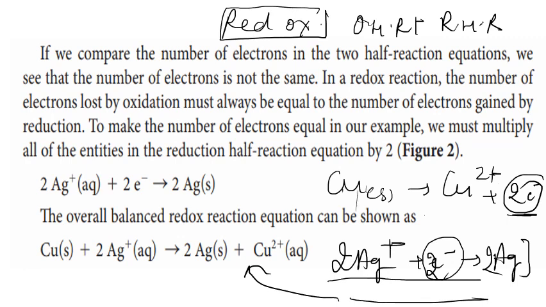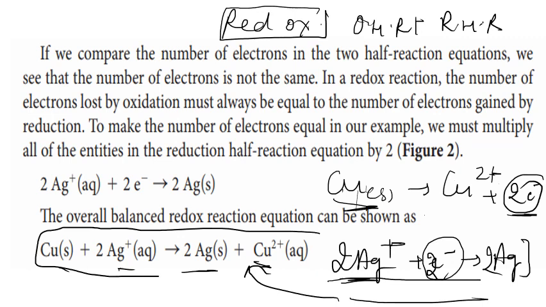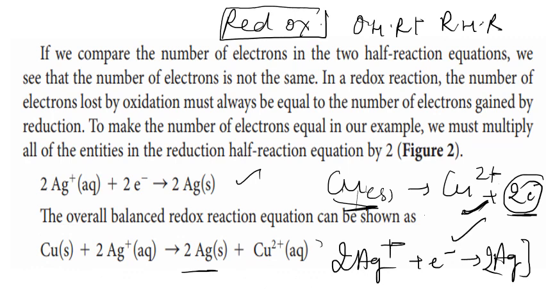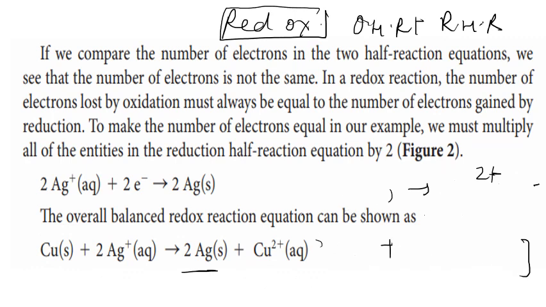When you add them, you will have copper plus 2 Ag plus ions on the left, and on the right hand side of the arrow, you have copper 2 plus and 2 Ag solid, right? So this is your redox reaction which you got by adding the two half reactions. This is the oxidation half reaction, and this is the reduction half reaction. Okay, so very simple, very easy. So let's move ahead.